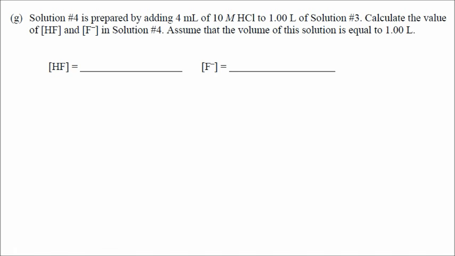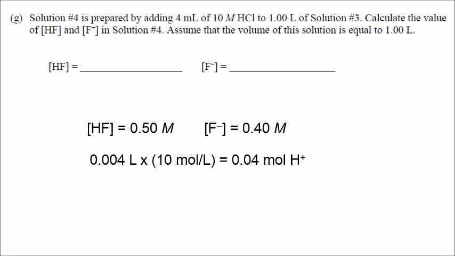All right, what's the new concentration of HF and F- if we add 4 milliliters of a 10 molar HCl solution? So there's our original concentrations of HF and F-. Now 4 milliliters of 10 molar HCl would give us 0.04 moles of H+ ions.